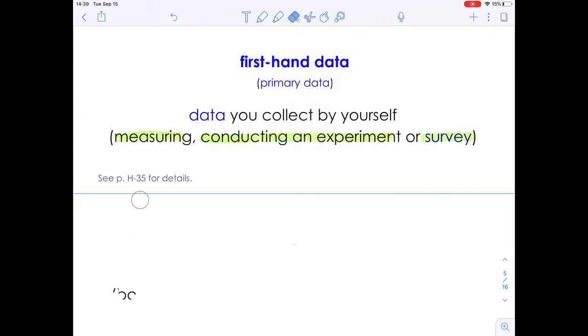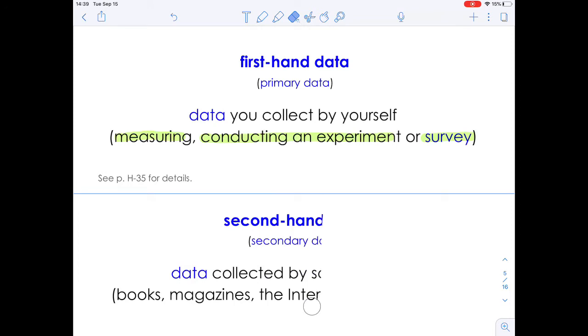Next, let's use the magic eraser here to reveal secondary or second-hand data. If you find data that somebody else collected, most likely on the internet, that is called secondary data or second-hand data.